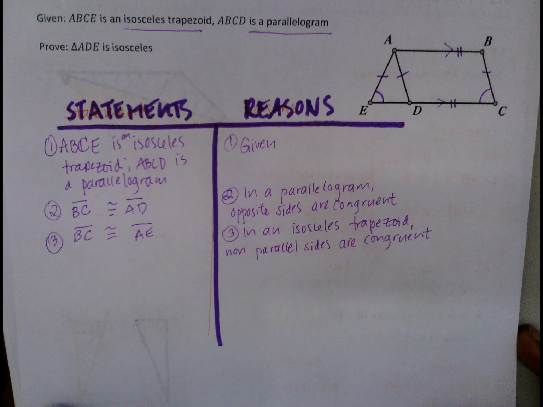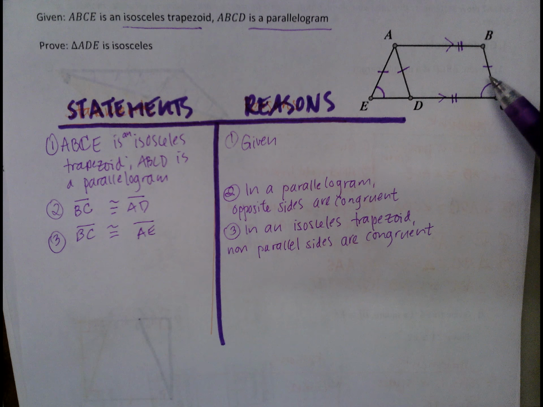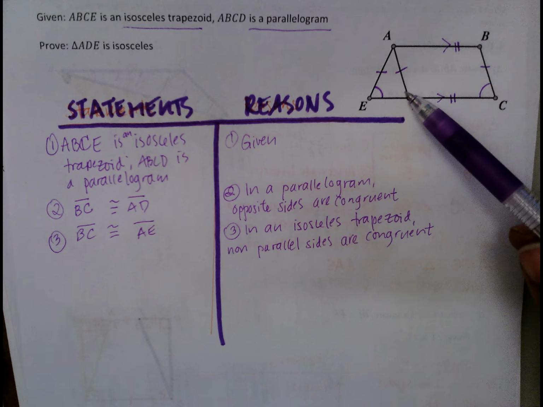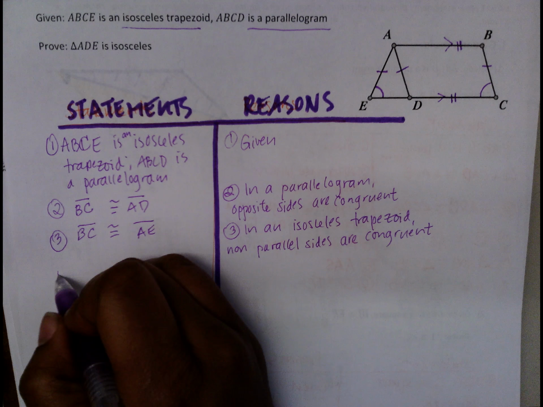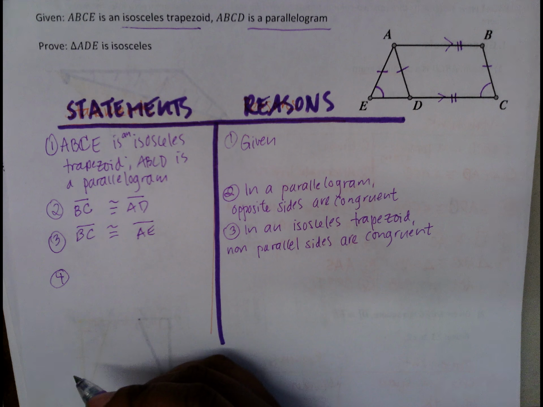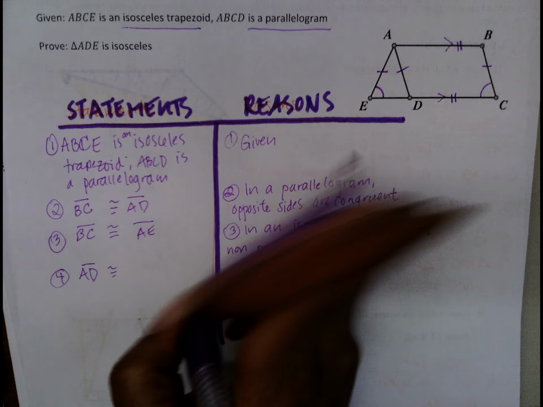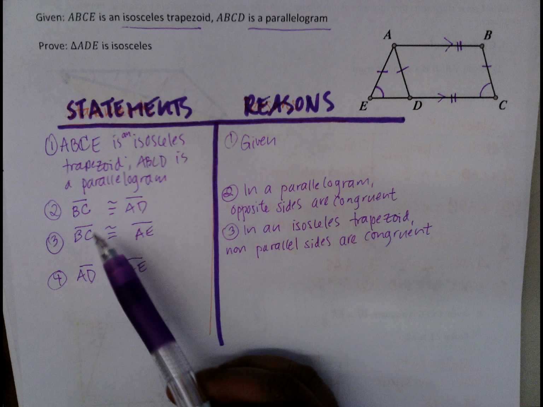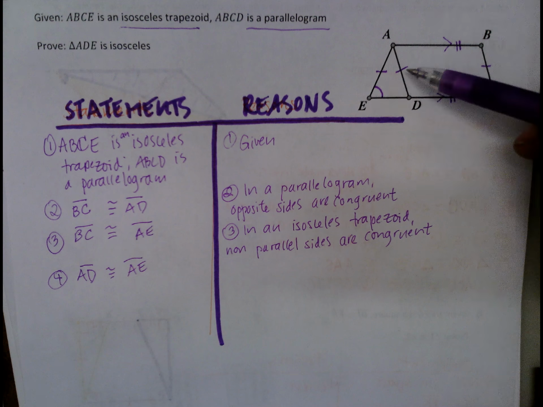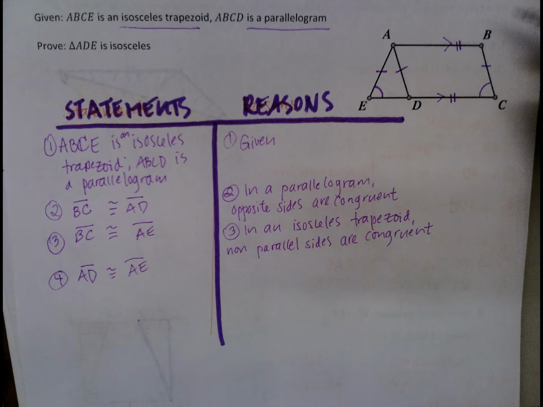So we're going to proceed with the rest of this proof, okay? So we stated that BC is congruent to AD and that BC is congruent to AE. So if that's the case, AD is congruent to AE. Why is that the case? Because if these two are the same size, if these two are the same measurement, that's what we mean by congruent, that they're the same length.